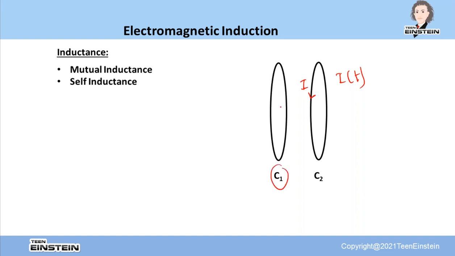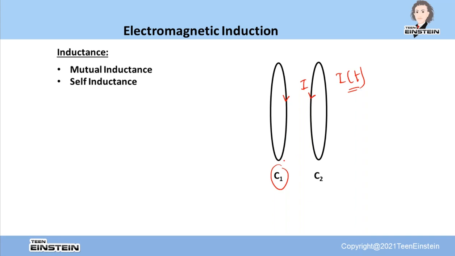If the flux changes, either due to motion of coil C2 or relative motion between them, or due to the change in the current, the flux linked with coil C1 changes, and we have seen that in turn there will be a current flowing in it.